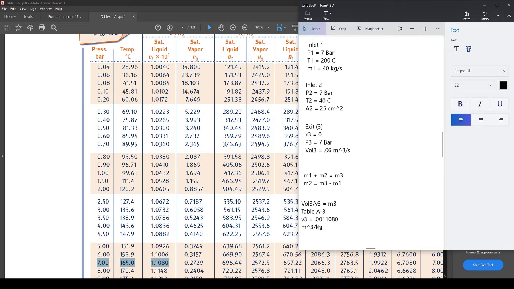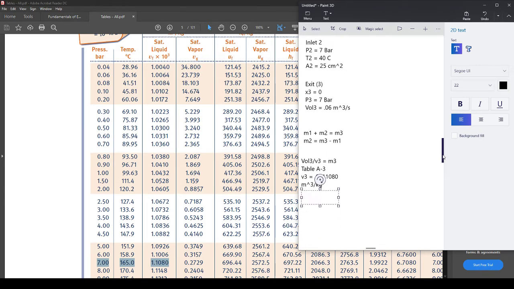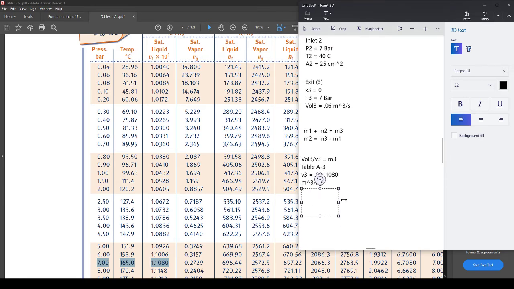And so now that we know that, we can immediately solve for the mass flow rate, right? Pretty straightforward. Does anybody have a calculator handy? If not, that's okay. I will do it on screen.